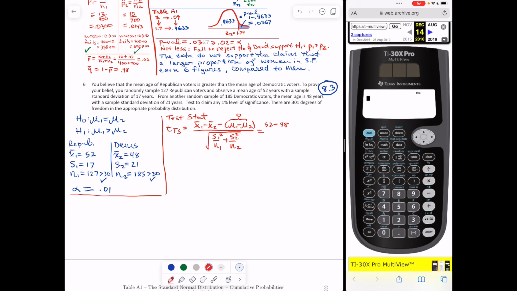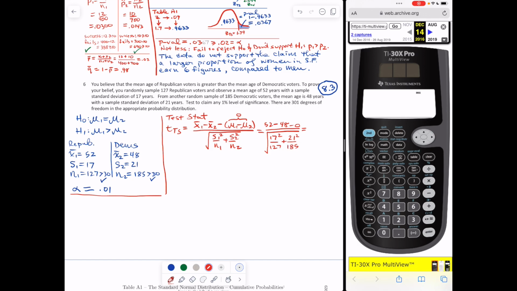So when you subtract them, you'll get 0 over, now our square root. We'll have S1 squared, that's 17 squared, over N1, which was 127, plus S2 squared, that's 21 squared, over N2, which is 185.